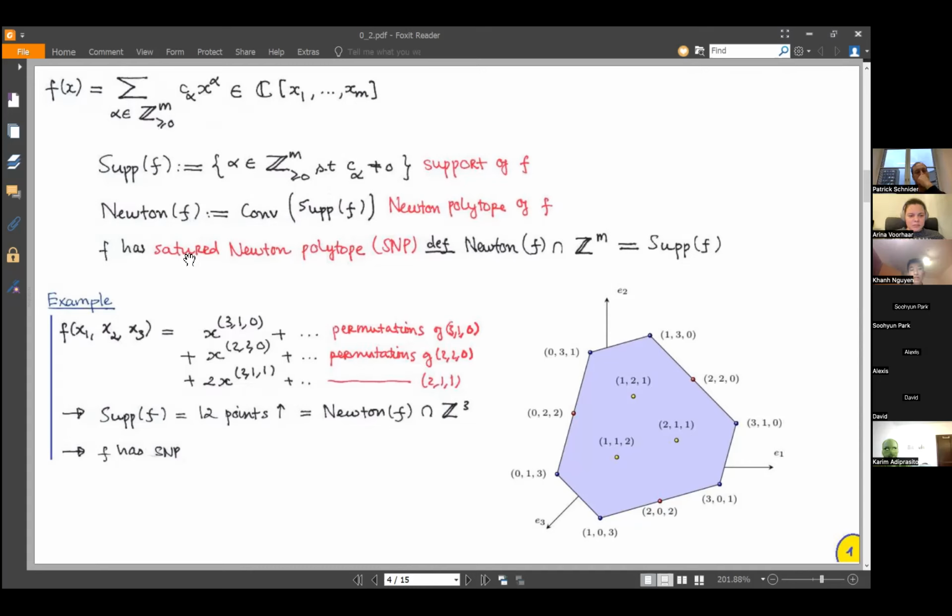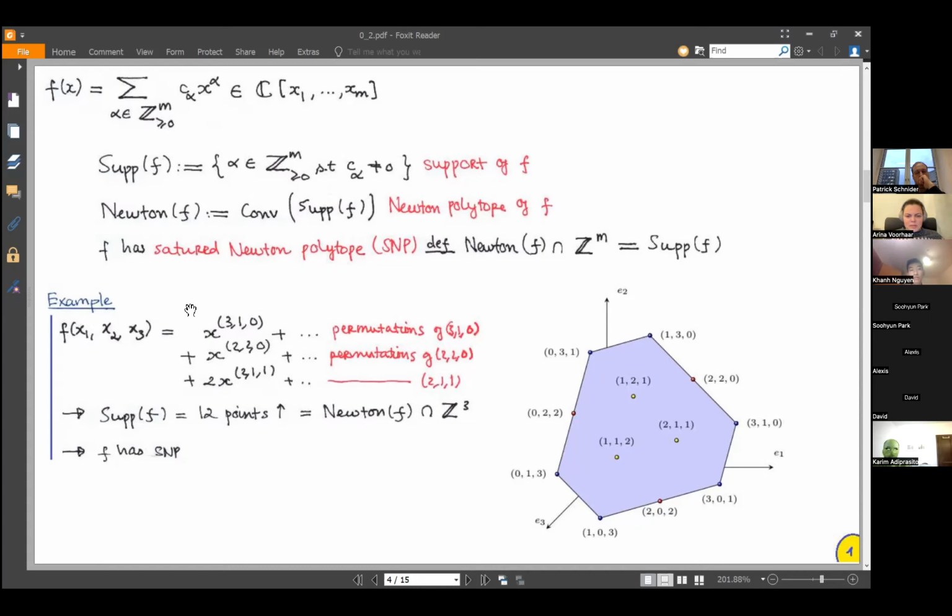We say that F has a saturated Newton polytope, I write SNP, if the set of all lattice points of Newton(F) is exactly the support of F. So for example, I consider F in 3 variables x1 to x3, given by x to the power 310 with other permutations of 310, plus x to the power 220 and other permutations of 220, plus 2 times x to the power 211 with other permutations of 211.